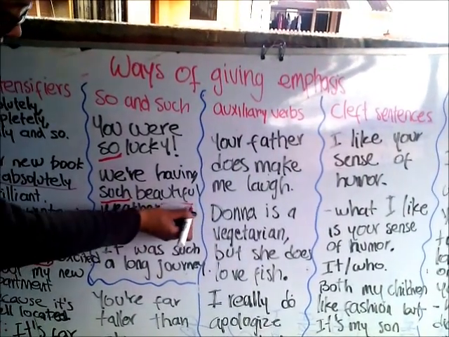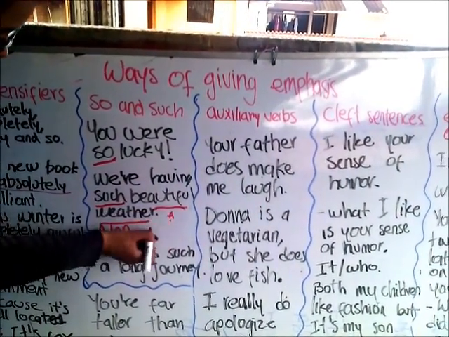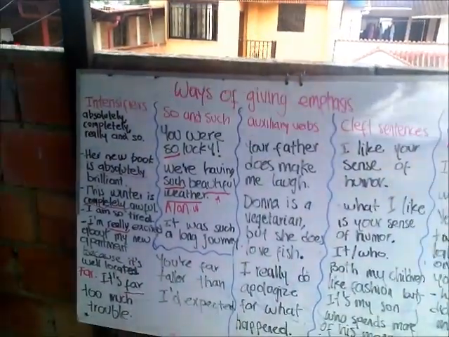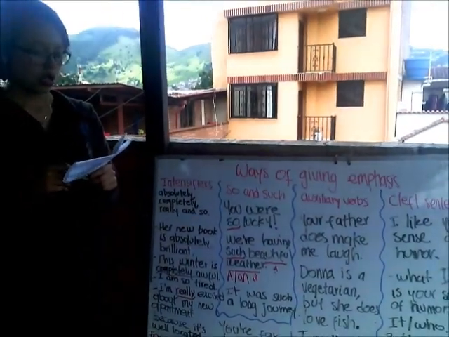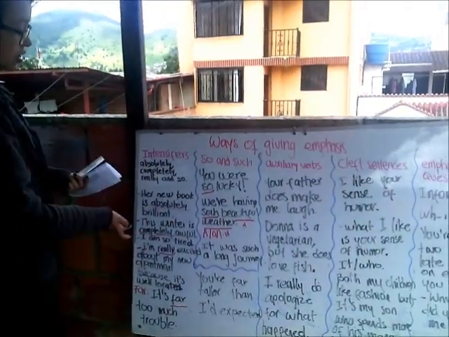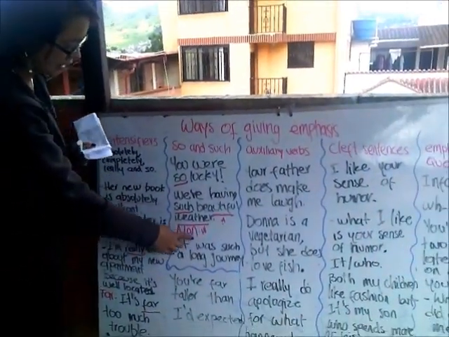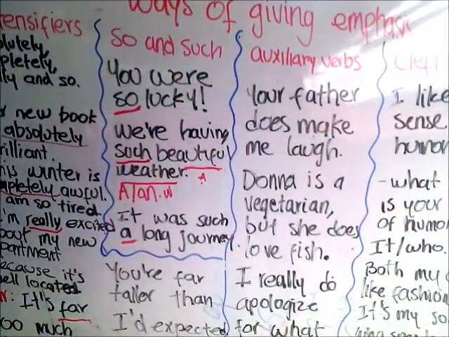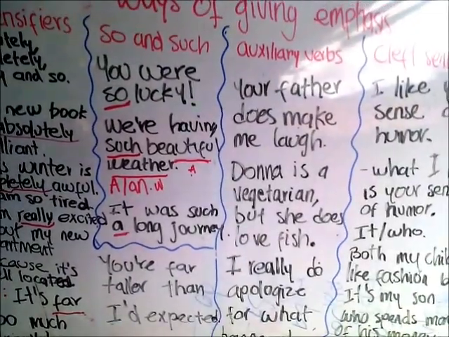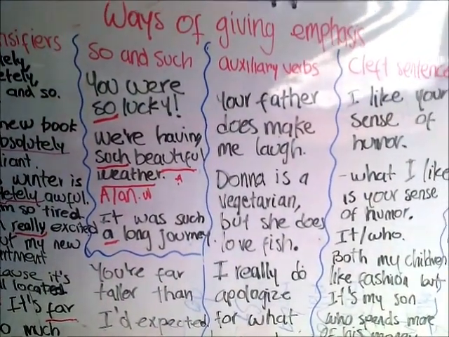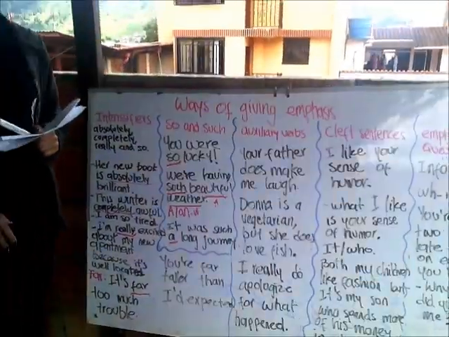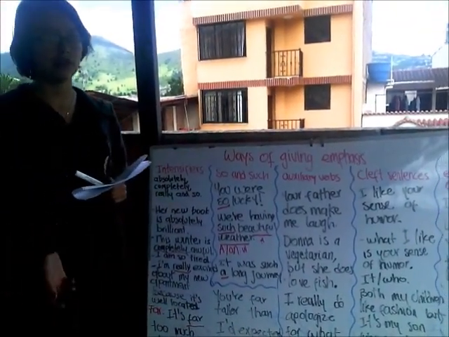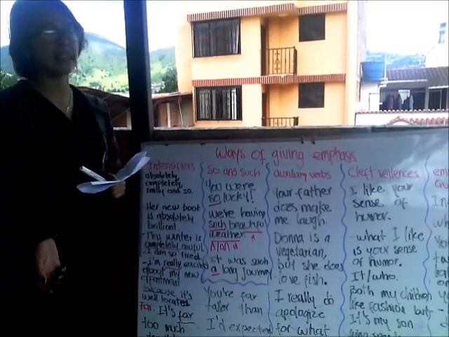This is the adjective and this is the noun. We use such a and an. For example, it was such a long journey. And with much or many, we always have to use so. For example, we've had so many problems, it takes so much time.